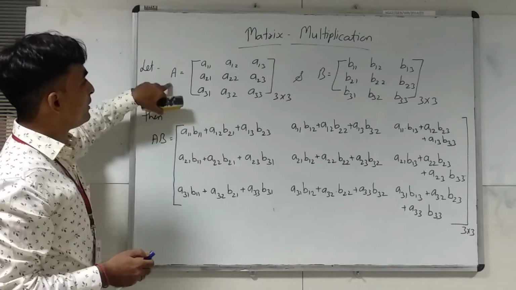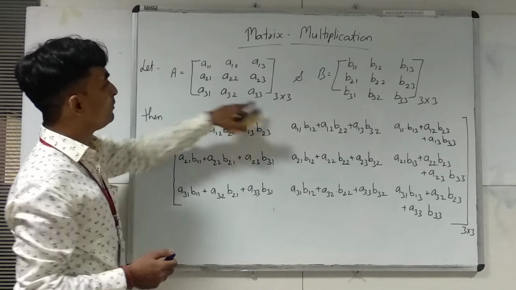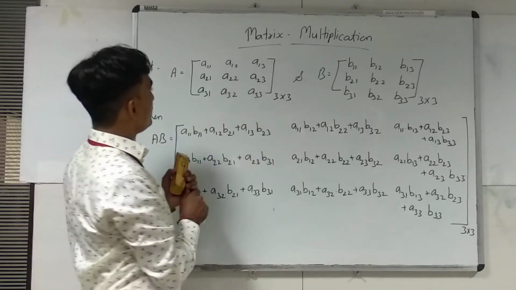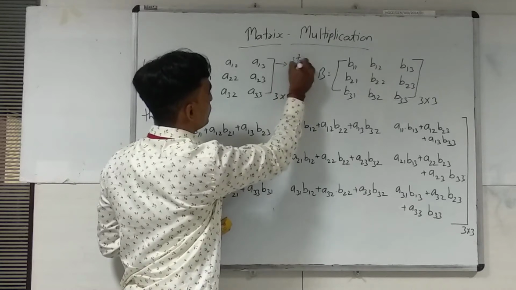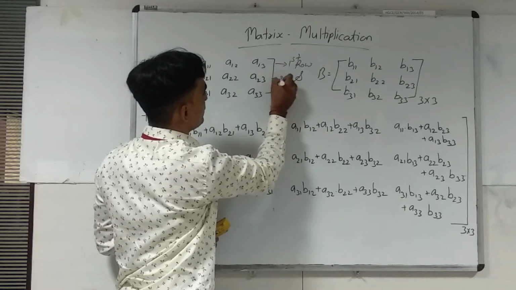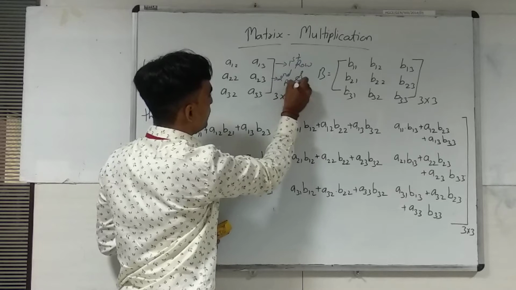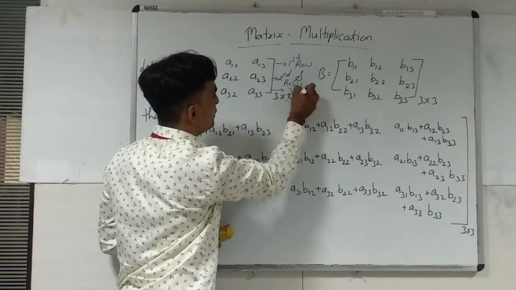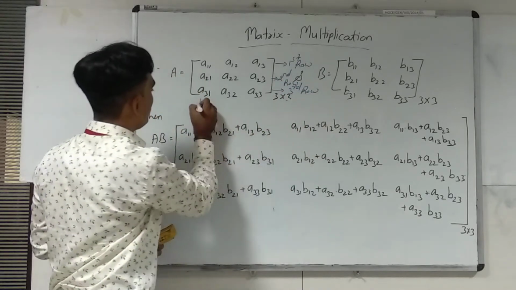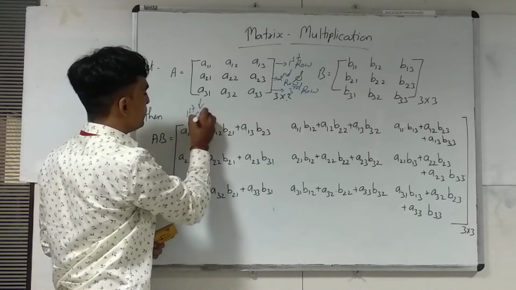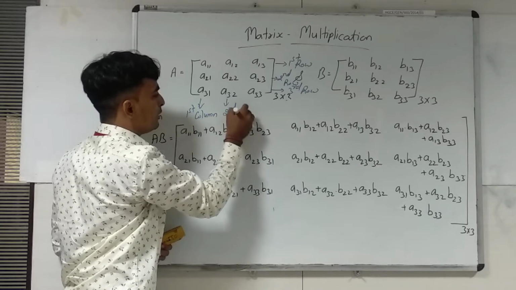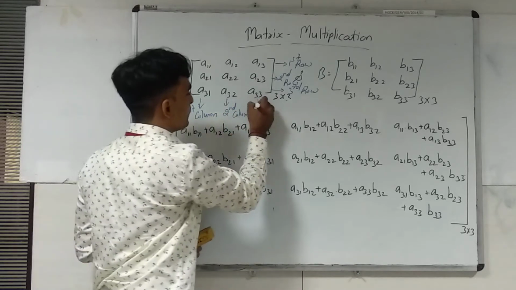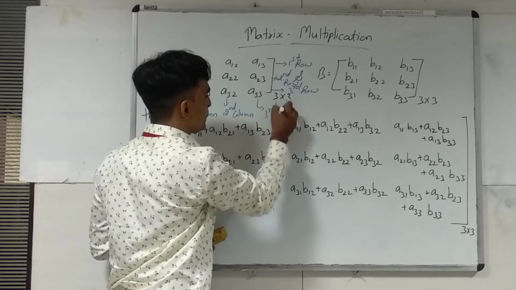First of all, in matrix A, suppose we have a 3 cross 3 matrix. This is the first row, same way the second row, and this one is the third row. Same way first column, second column, third column.